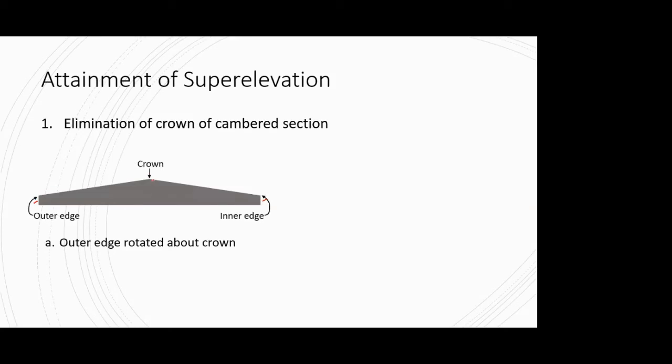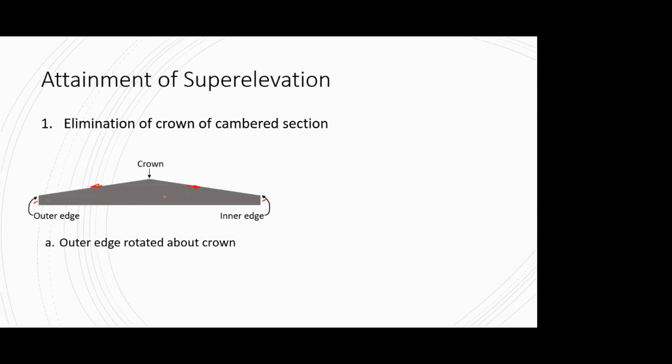If we are providing the camber in both directions, that is a bidirectional camber, the apex of this camber will be called the crown, and then from the crown you will have a camber on the left side and on the right side. So this is the cross section when you are traveling on a straight road.